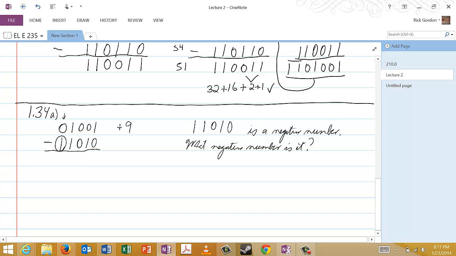Now, the way that you find out the answer to this is the following. The leading 1, and I'm talking about this number right here, tells us the number is negative.